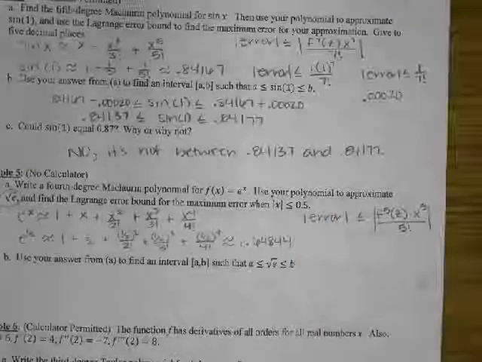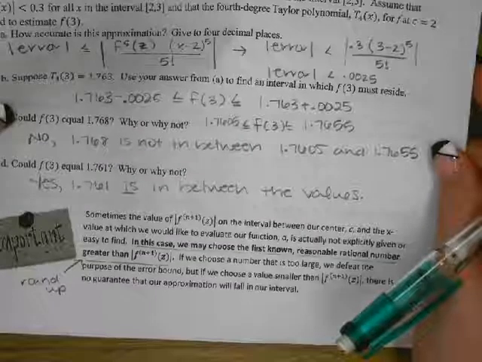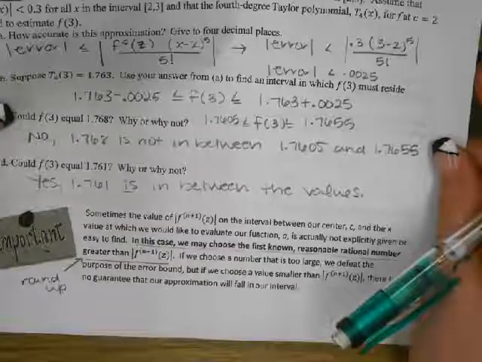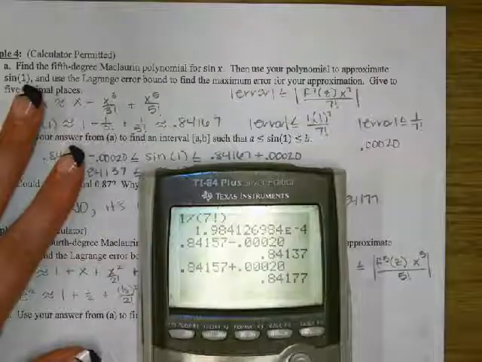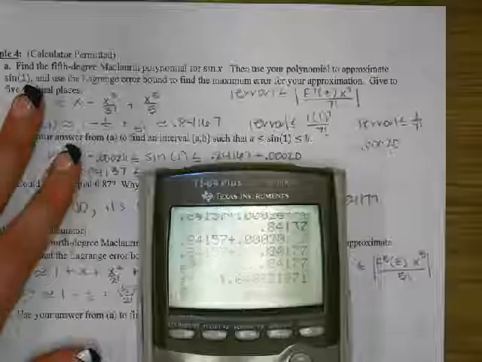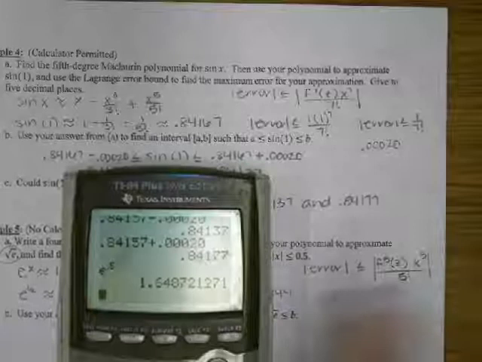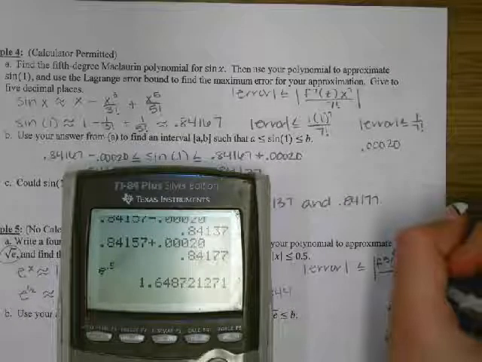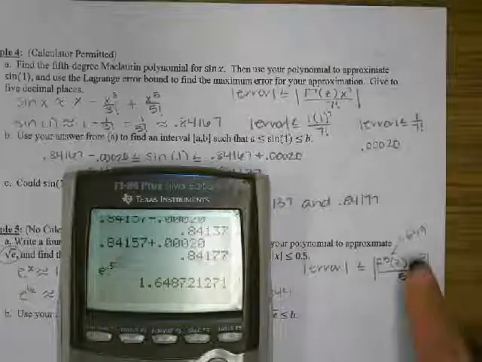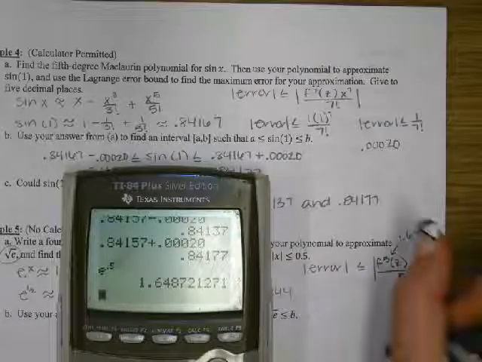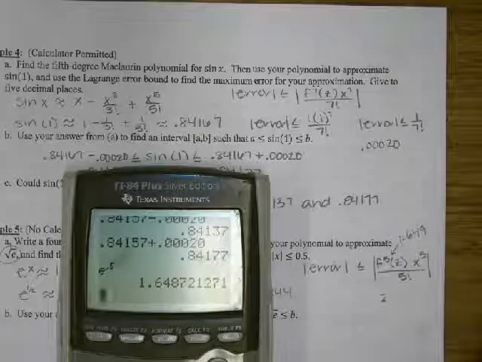Now this is when we're going to reference this part of the page where we say, in this case, we're going to choose the first known reasonable rational number. So we're going to go ahead and evaluate e to the 0.5. That's kind of funny because that's your answer. Anyway, so this is 1.64. And we're going to go ahead and round that up to 2 because we're going to the first reasonable rational number that's above that.